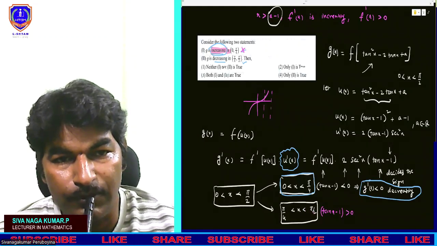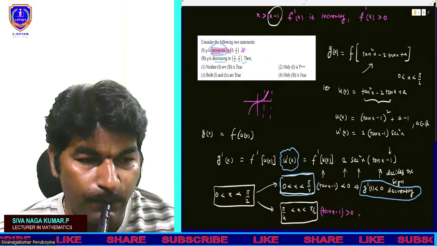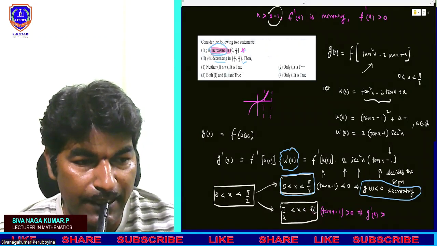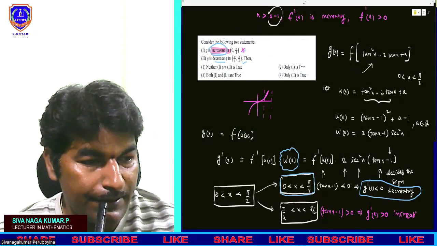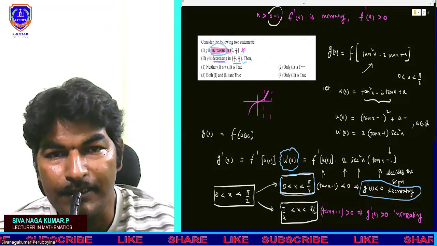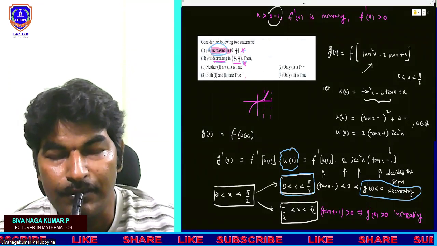From pi by 4 it is increasing, so more than 1 means it is positive. So positive implies that g dash of x is greater than 0. That means it is increasing. Yes or no? But here they are saying that in this particular interval it is decreasing. So the statement they mentioned is wrong.